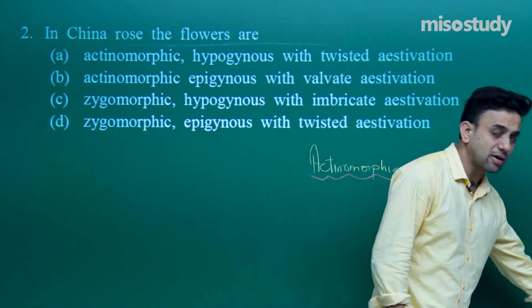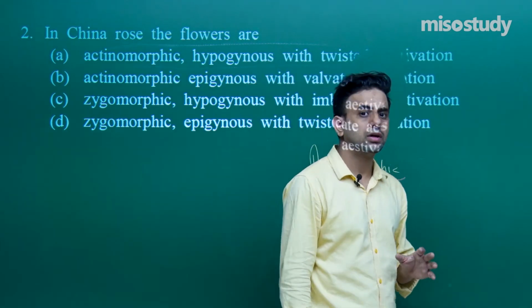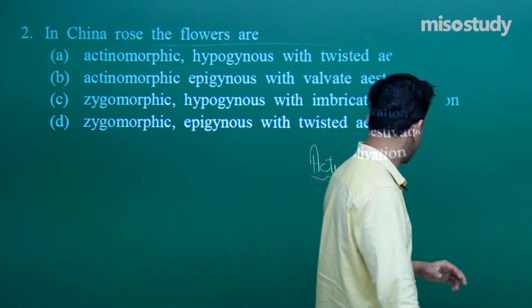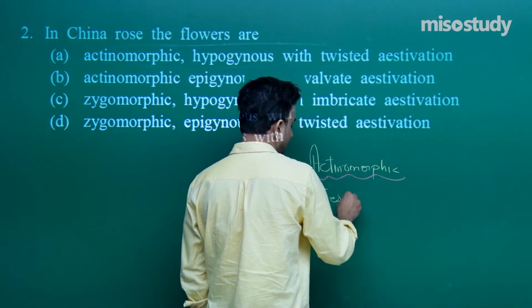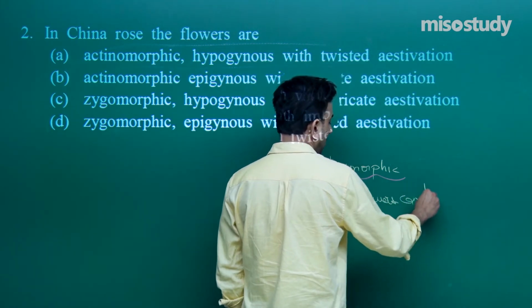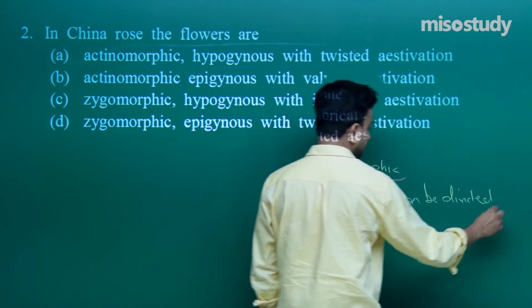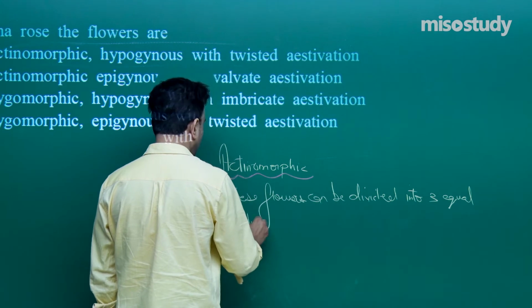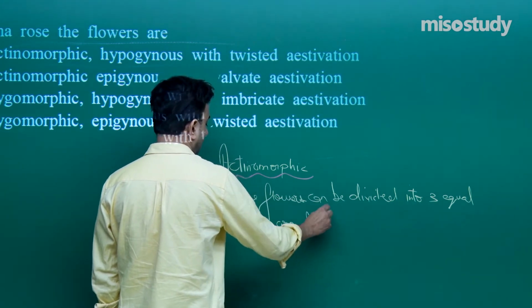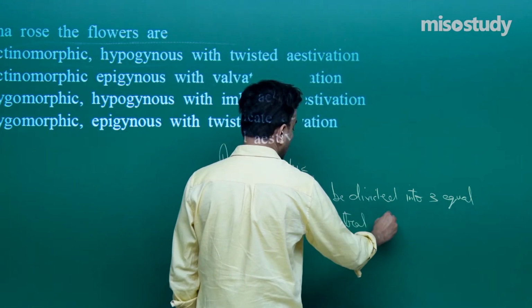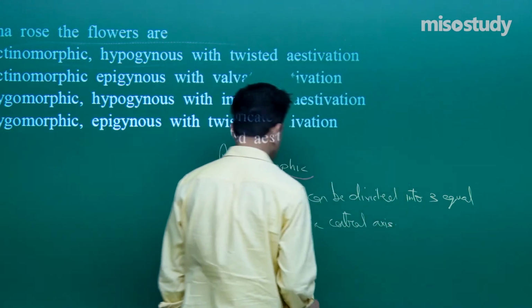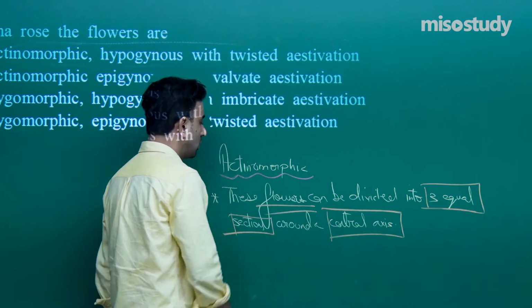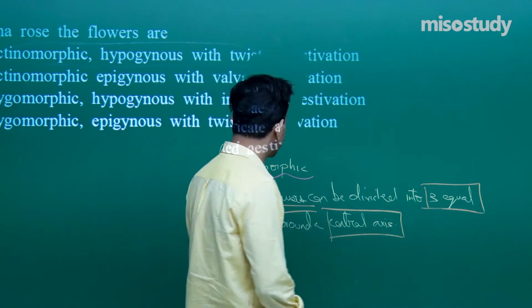Actinomorphic flowers can be divided into 3 equal sections around a central axis.